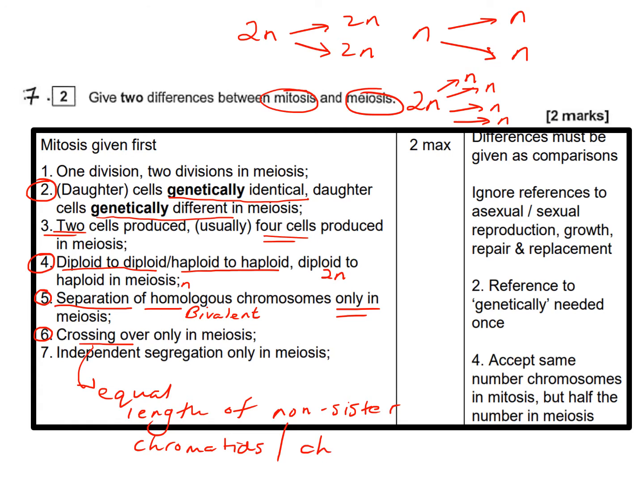So I just put chiasmata point. Now we know that produces new combinations of alleles from crossing over. Crossing over does not take place in mitosis. So this only occurs in meiosis and not in mitosis. And this will produce a new combination of alleles.